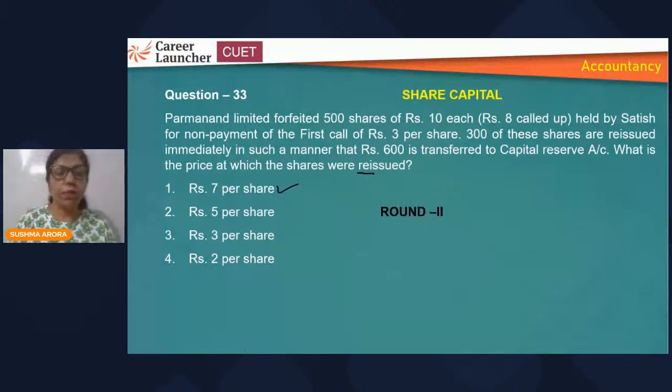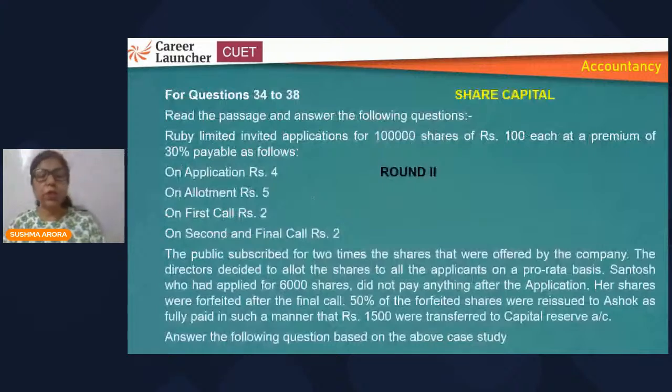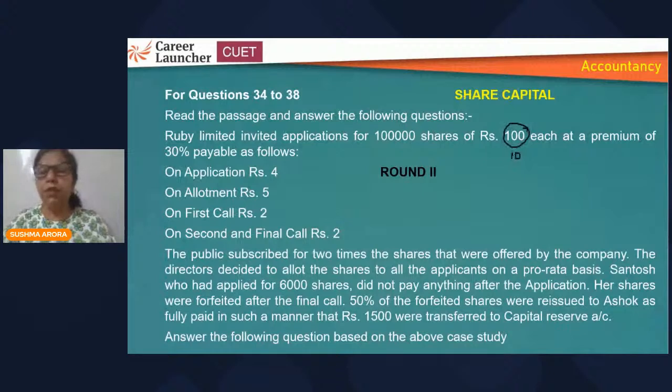Now see the next question. This is a very important question, because while you read one question, you will be able to do 4 or 5 questions. See, there is only one thing, you have to make the correction. This is not 100, this will be 10. In the paper, 100 is given, but according to the application money and allotment, you will see that the value of the share is 10.